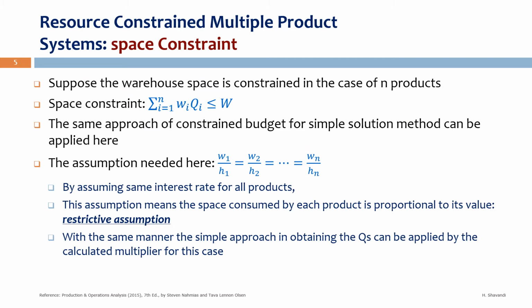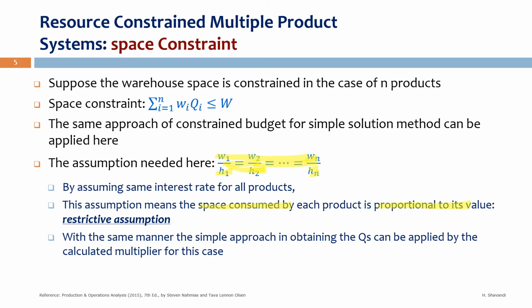In the same manner as with a limited budget, for a space constraint we can modify the EOQs in order to be feasible for that constraint and be the optimal solution for the multiple product case. Our simplifying assumption here is this: w1 over h1 equals w2 over h2, up to wn over hn. This means that the space consumed by each product is proportional to its value.